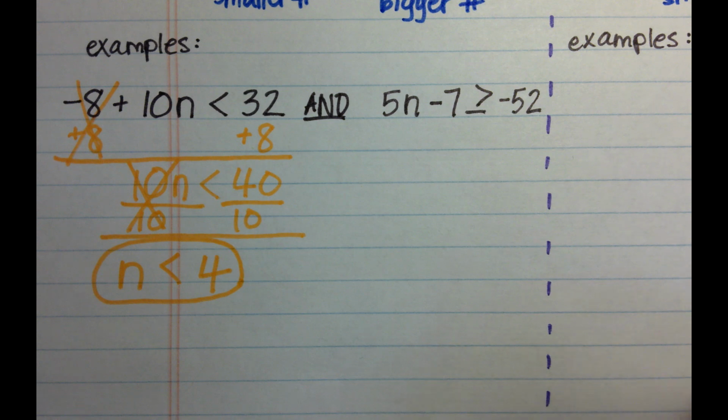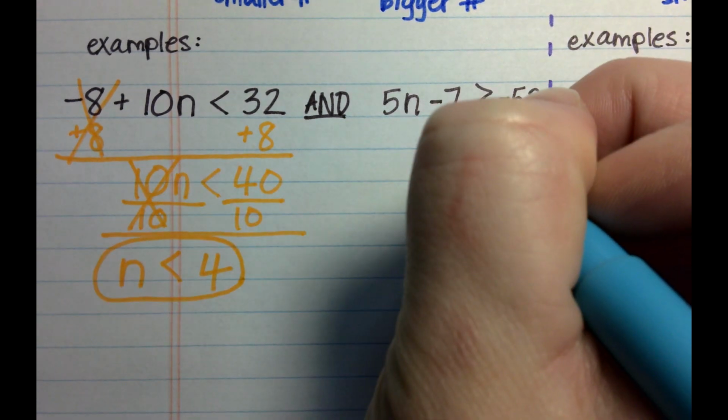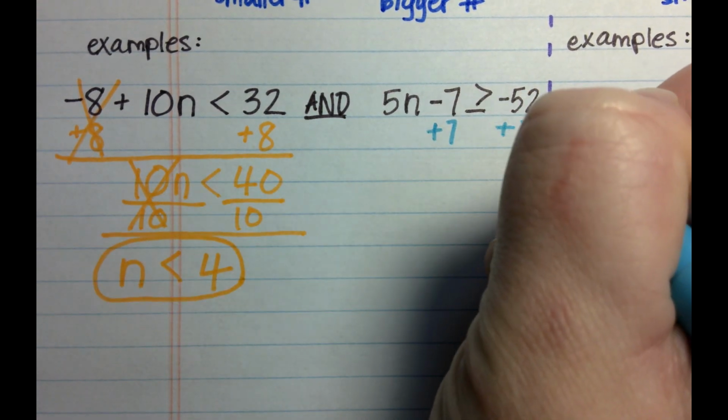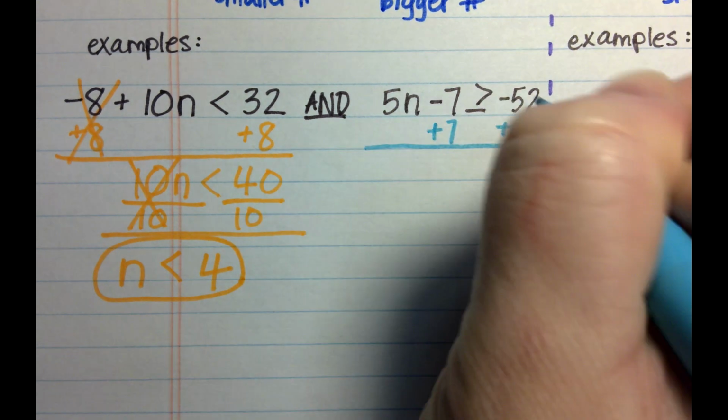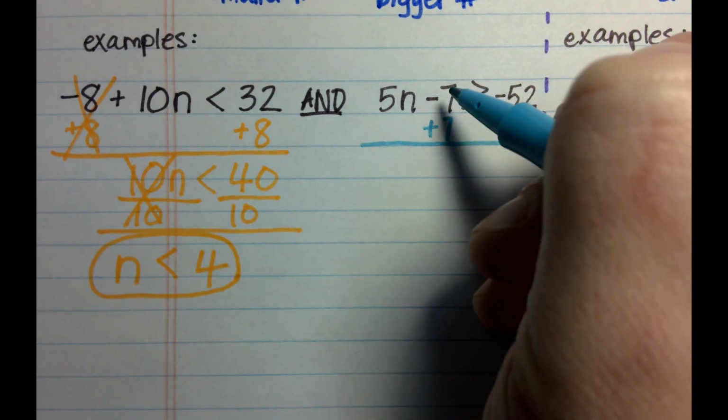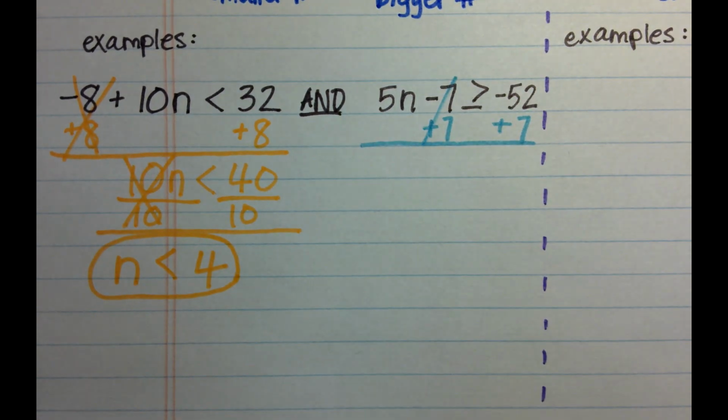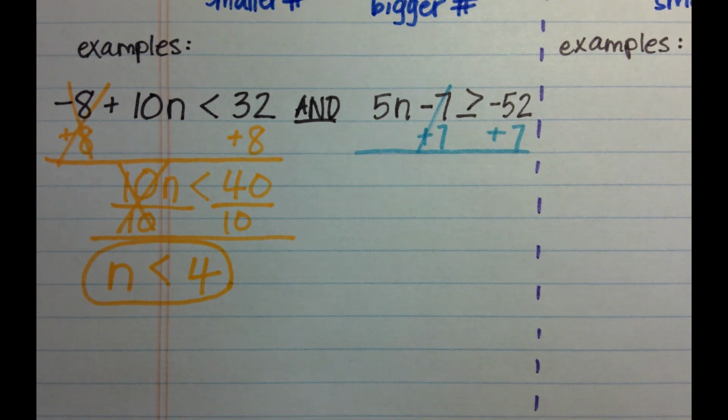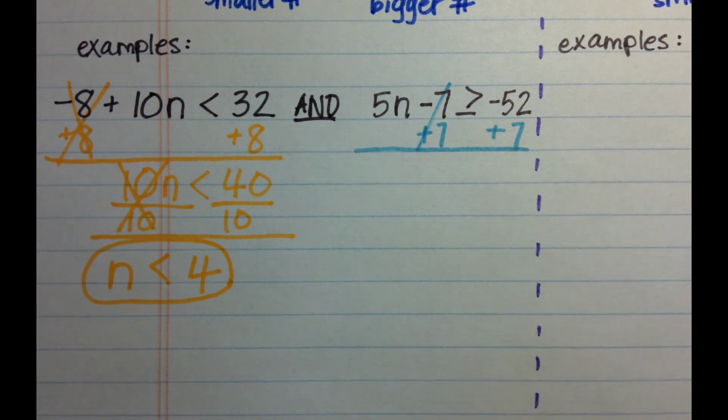Add 7. Careful when you add 7 to that negative 52. Don't lose your negative sign. That's negative 52 plus 7. Negative 45 or negative 42? I hear two different answers. I think it's negative 45.